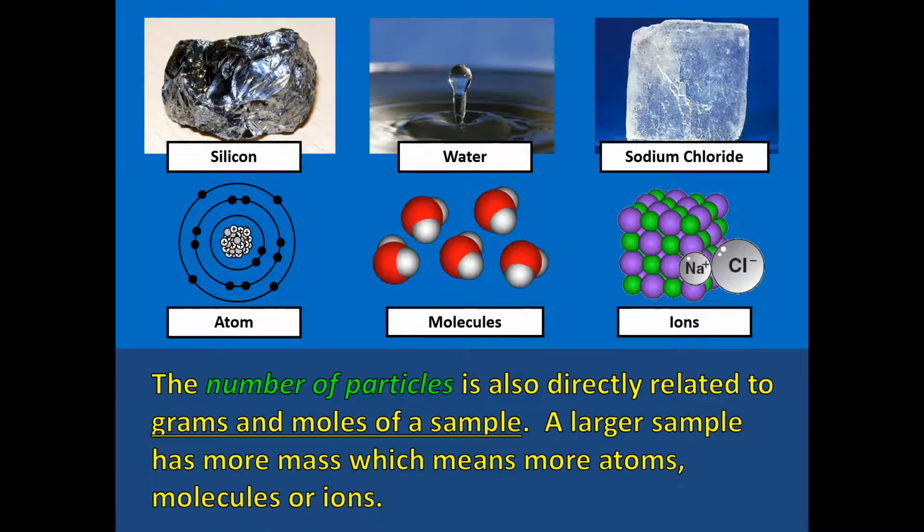The number of particles is also directly related to grams and moles of a sample. A large sample has more mass, which means it has more atoms and molecules or ions. The number of particles. Moles, I said earlier, is 6.022 times 10 to the 23. Moles and number of particles are basically the same thing.